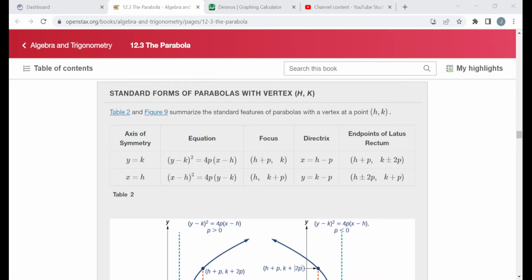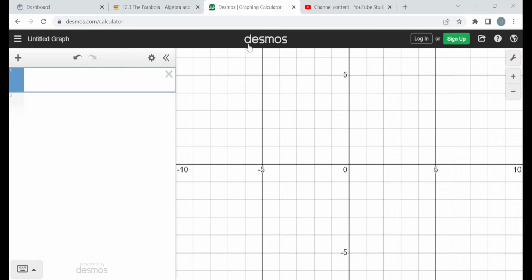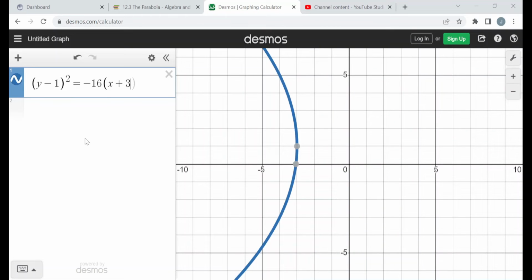So I'm going to desmos.com, a free online graphing calculator, and I'm going to enter the equation we were given, the quantity y minus 1 squared equals -16 times the quantity x plus 3.